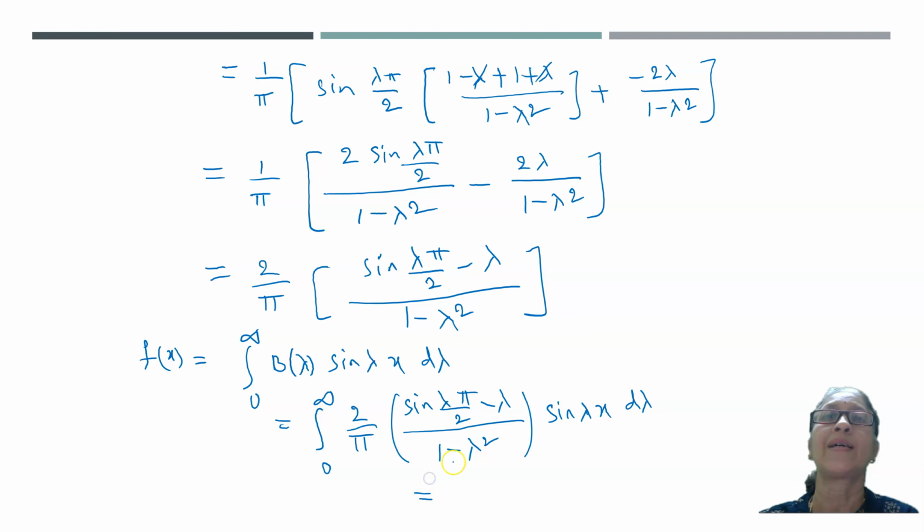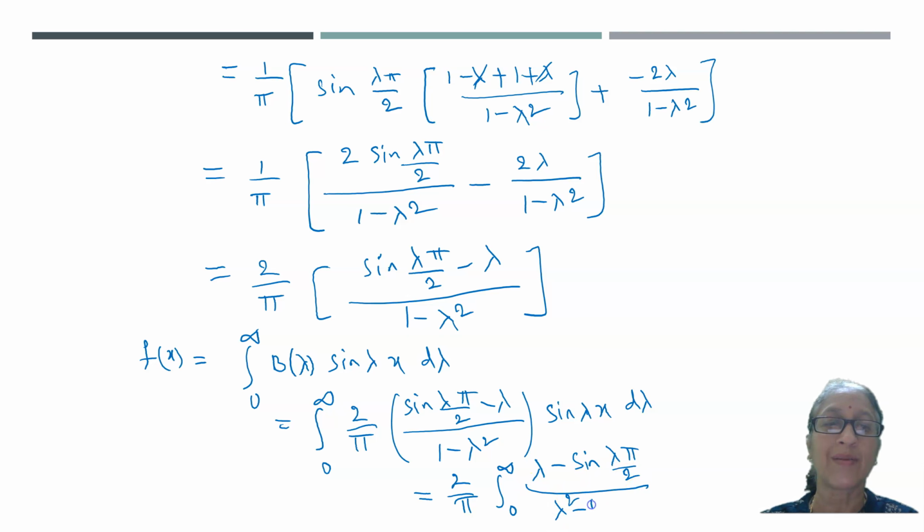This can be written as 2 by pi integral 0 to infinity (lambda minus sin lambda pi by 2) upon (lambda square minus 1) into sin lambda x d lambda. Okay, this is the required solution.